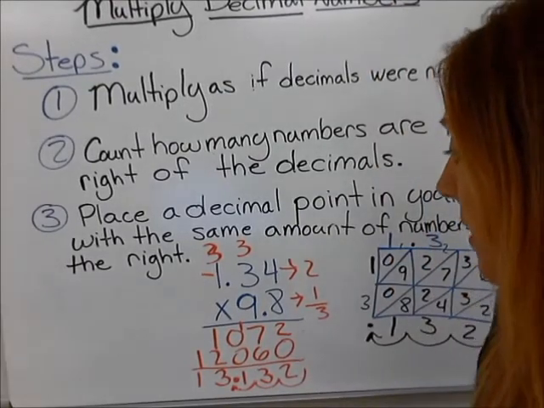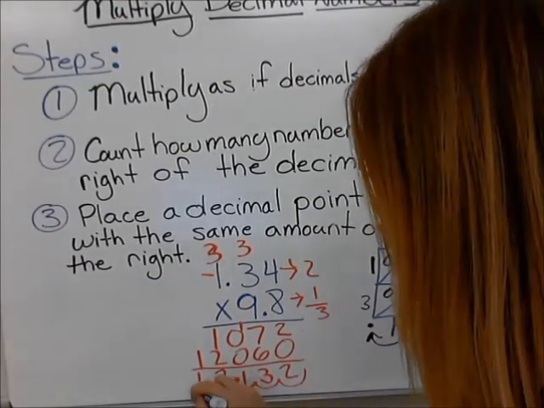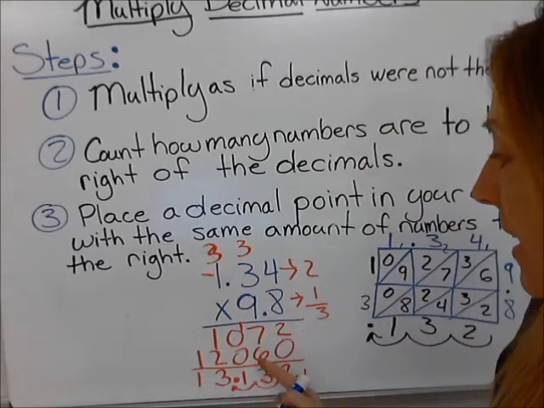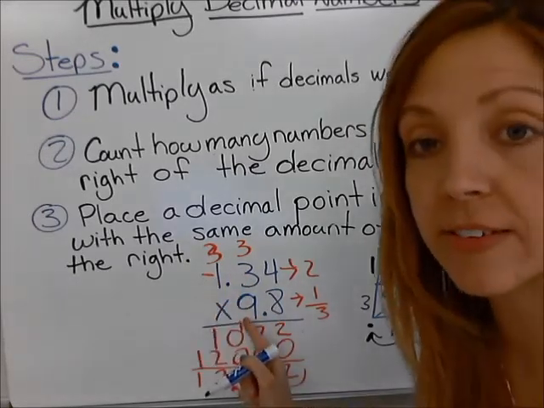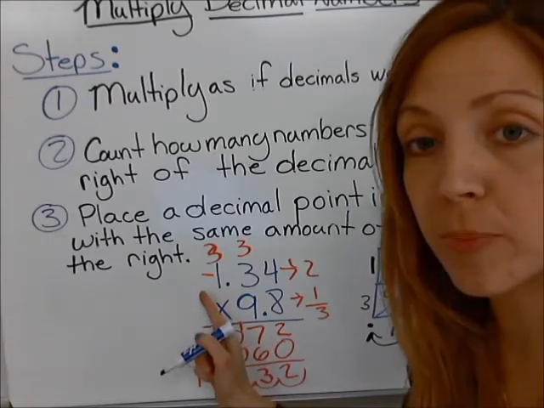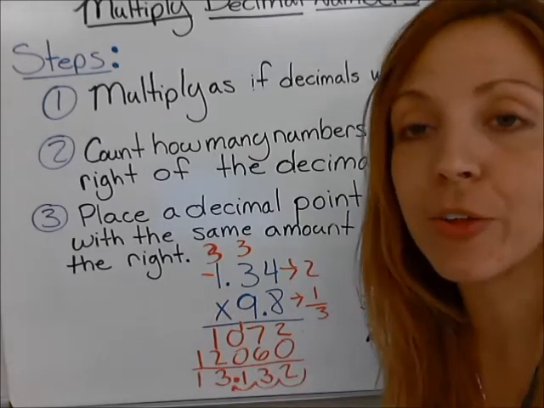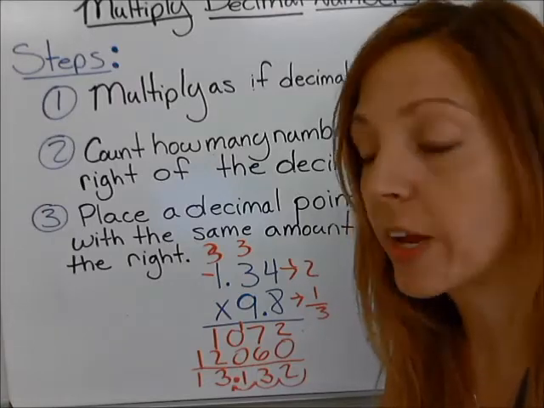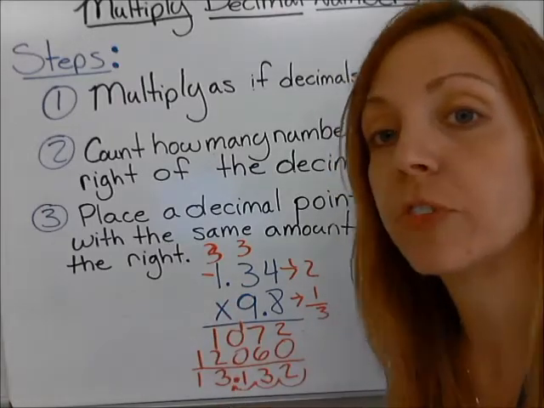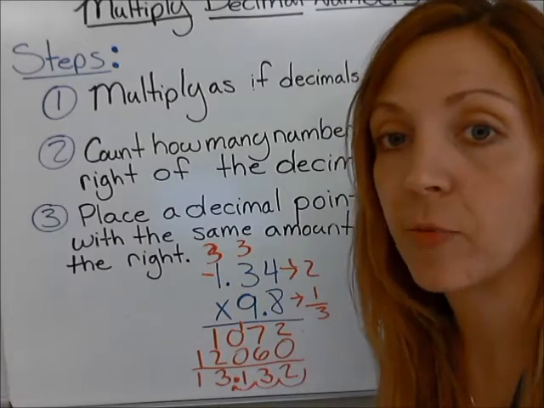At this point I'm going to look: I have a negative number here, and this is a positive number. So when you multiply a negative times a positive, whether they're decimals or whole numbers, your answer is going to come out to be a negative, just like it would if it was -1 times 9.